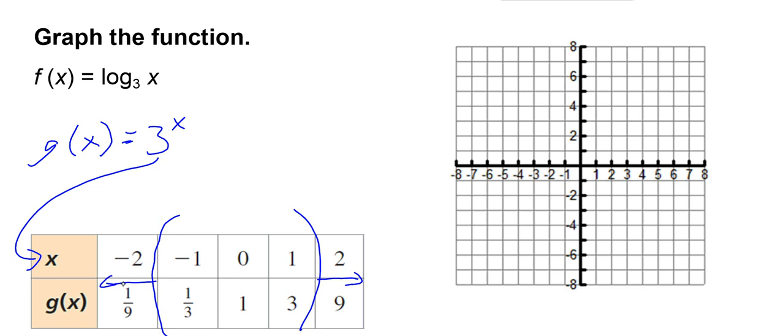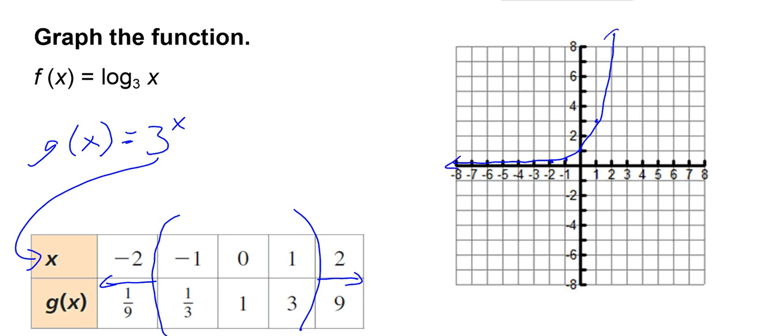So as I get these points, at -2 I'm 1/9. At -1 I'm 1/3. At 0, 1, at 1, 3, and at 2, 9. We're up here. So then we have our graph, and we're not going to cross our asymptote there.